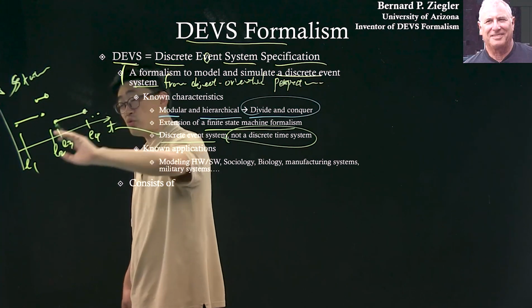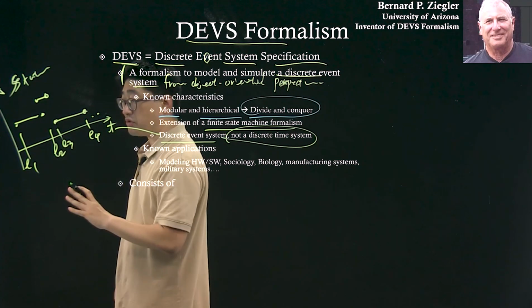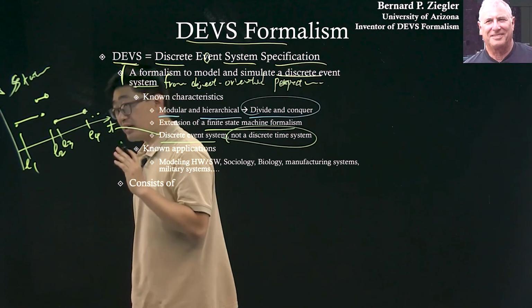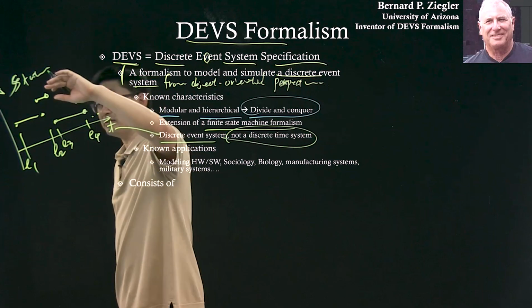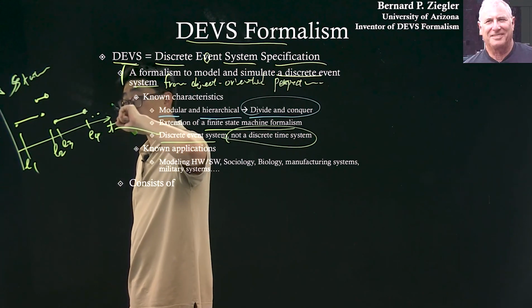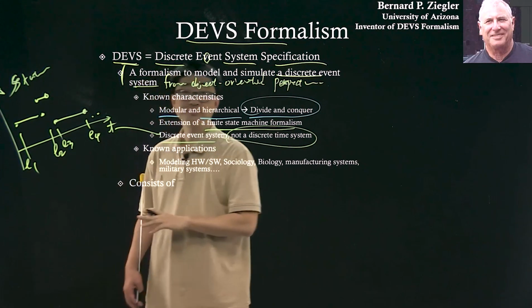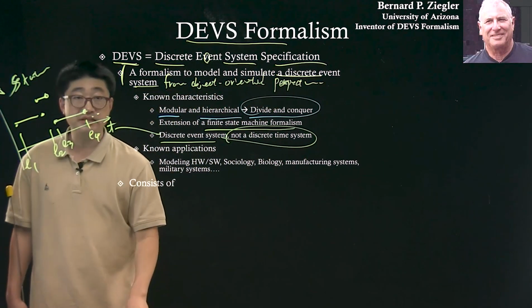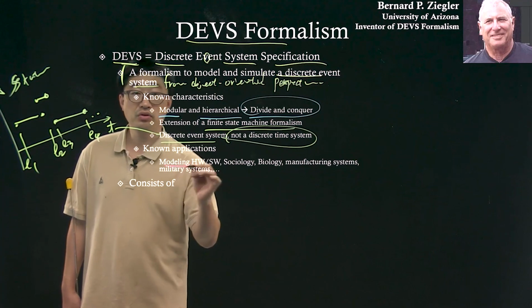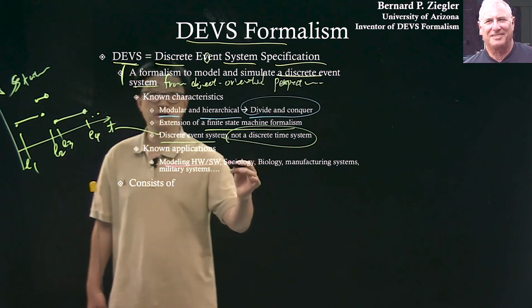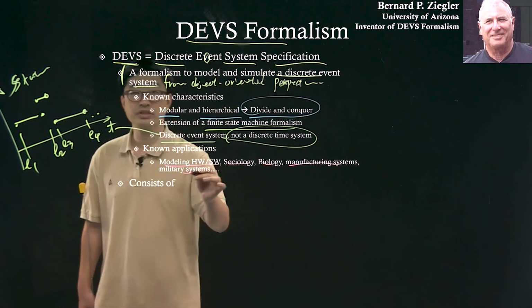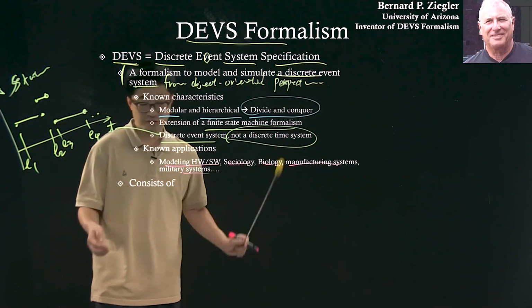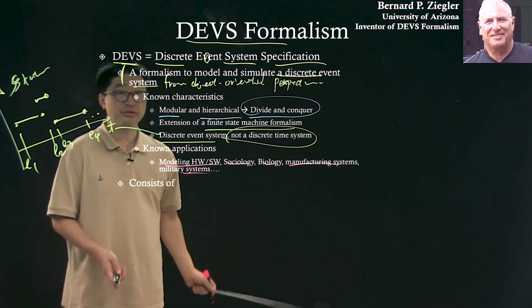So time will be controlled by the continuous time-defined events, and that event occurrence makes the state change discretely. This DEVS formalism has been utilized in many different fields: modeling hardware, software, sociology, biology, manufacturing systems, military systems, and so forth. All of these are widely used.